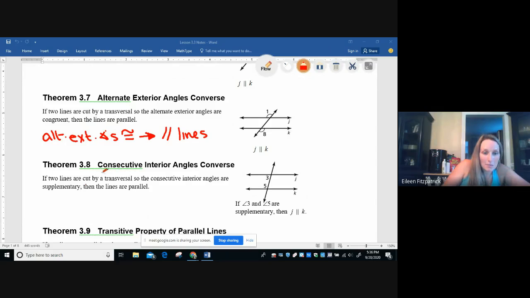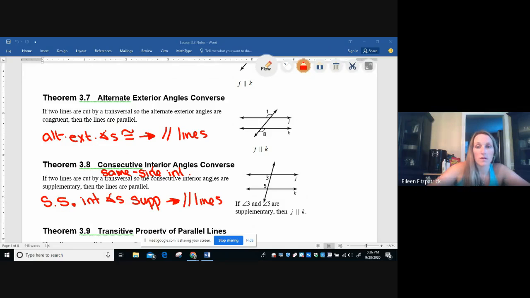All right, and the last one before we get to a new theorem, consecutive interior angles theorem. Remember, that's the same thing as same side interior, which is what I refer to them as. All right, this theorem says that if same side interior angles are supplementary, that implies parallel lines.